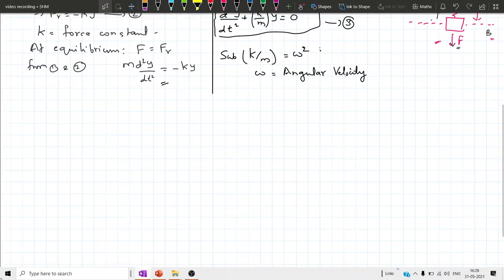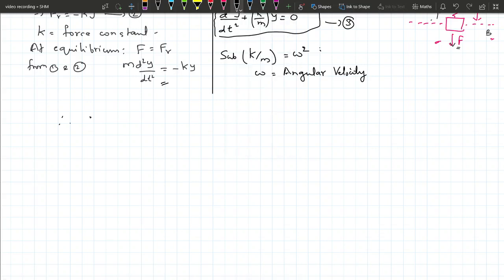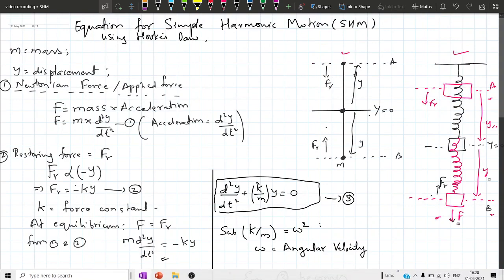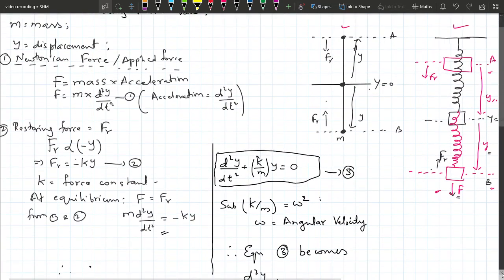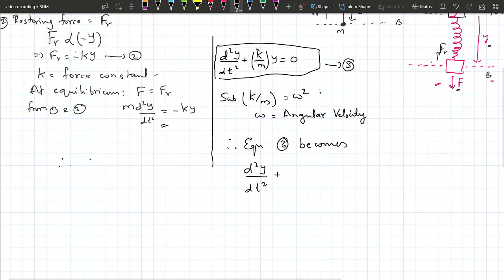Therefore equation 3 becomes d2y by dt square plus k by m, in which you have to substitute omega square, so I substitute omega square y, that is equal to 0.